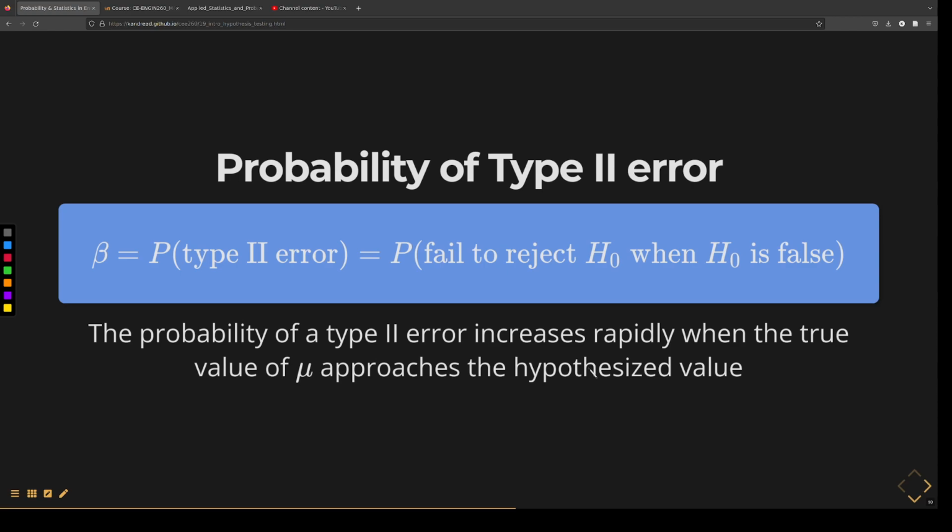So going back to our previous example, if we have a hypothesized value of 50.5 and the true value is 50, then the probability of a type 2 error, of again failing to reject a null hypothesis when it actually is false, increases pretty quickly.